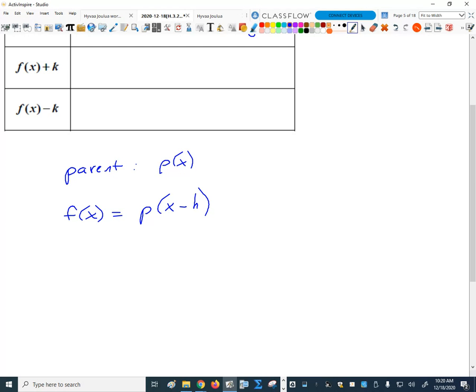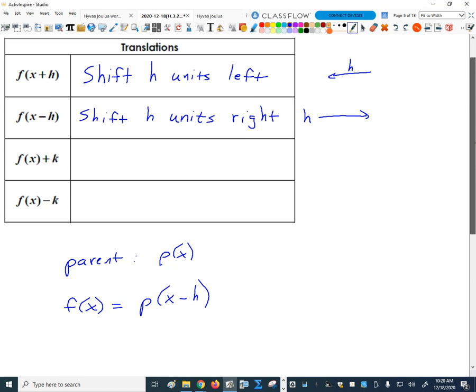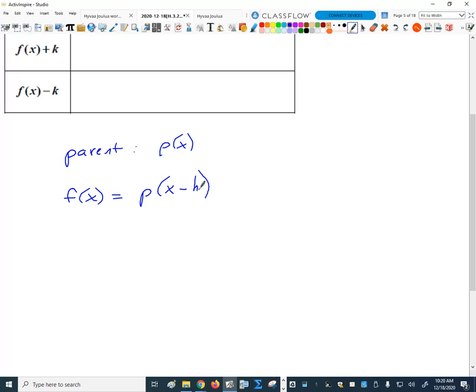In this case, h is telling us the amount of the horizontal shift. So if we plug in a value, like h equals 2, then that means I'm shifting right by 2. But here's the important thing: we're subtracting h from x in our transformed function. We always write it down that way.